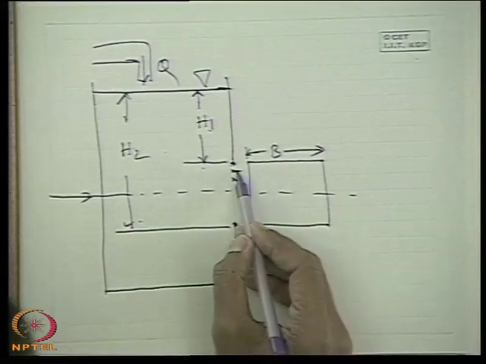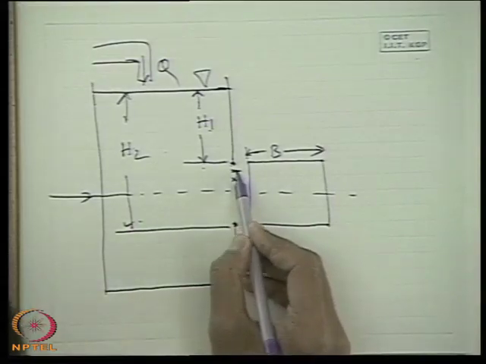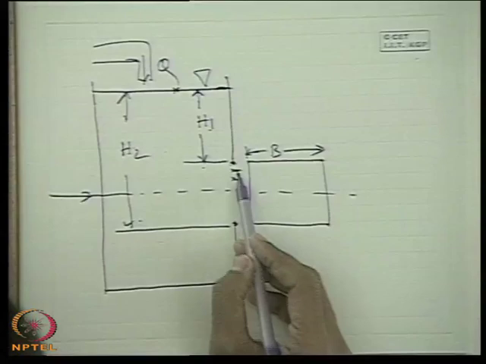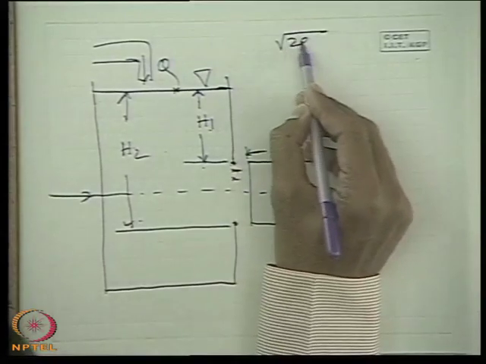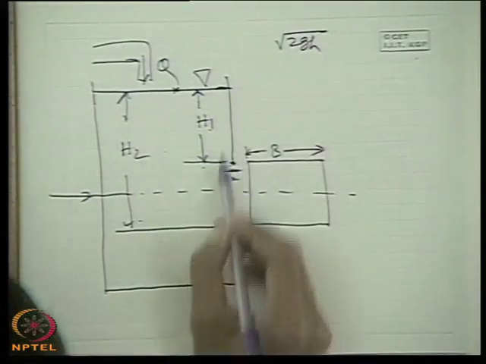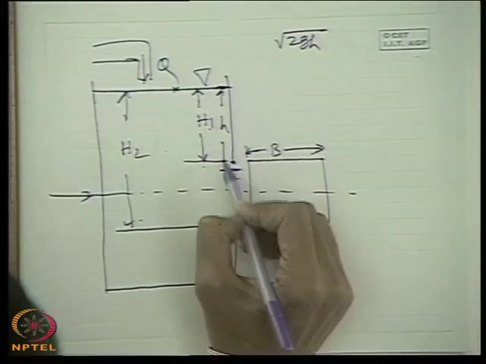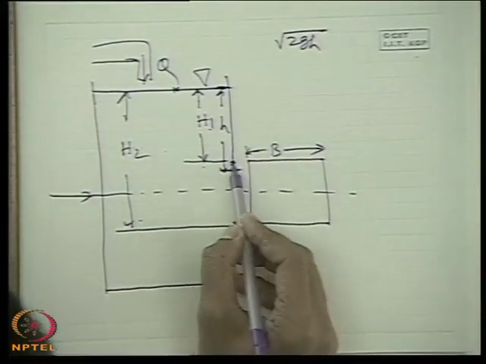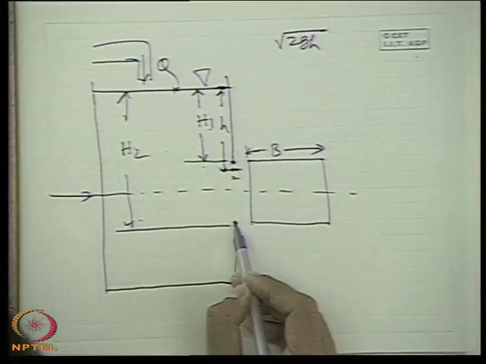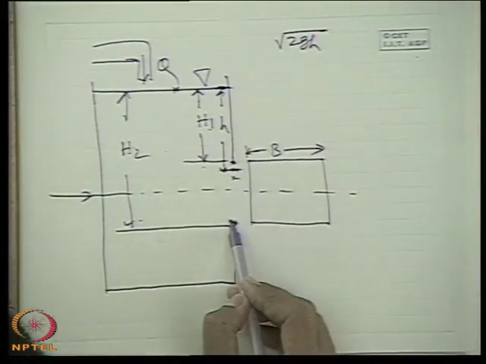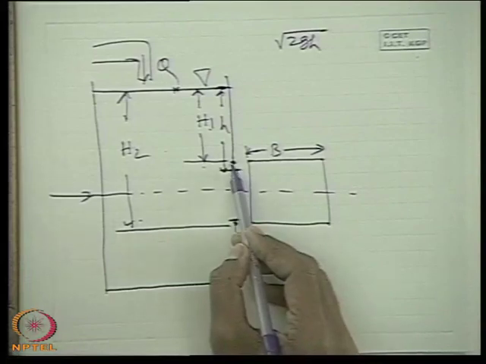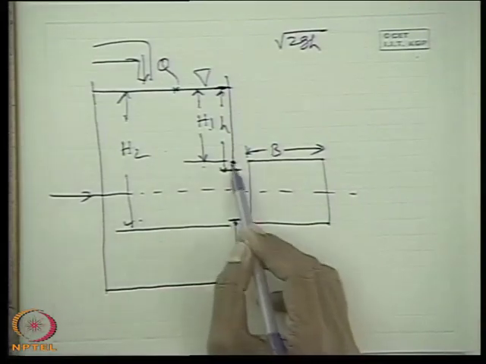If we apply Bernoulli's equation, we get a velocity root over 2gh, where h varies from point to point, starting from H1 at the upper point of the orifice and going to H2. So the liquid particle at the bottom will have much higher velocity than the one at the top, so there will be a non-uniform velocity distribution.